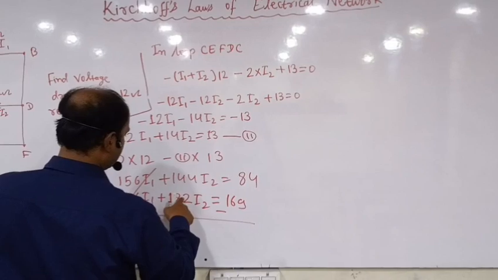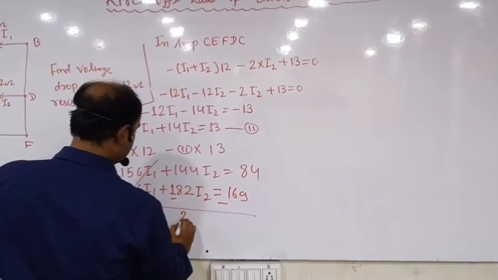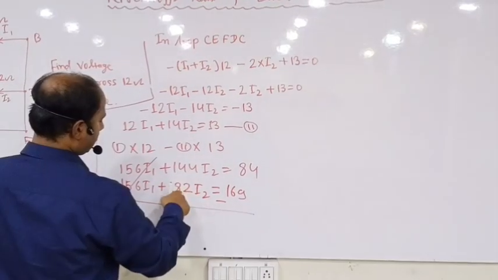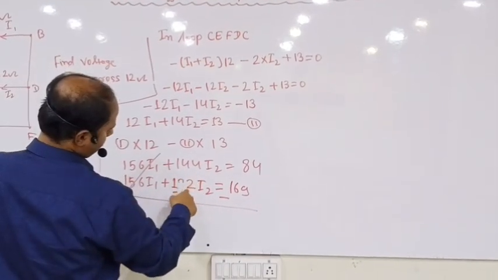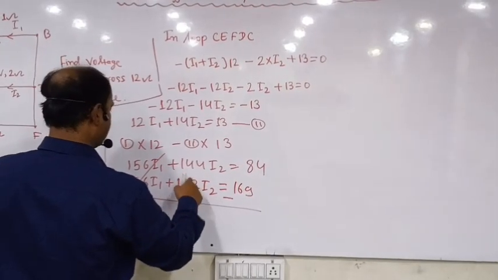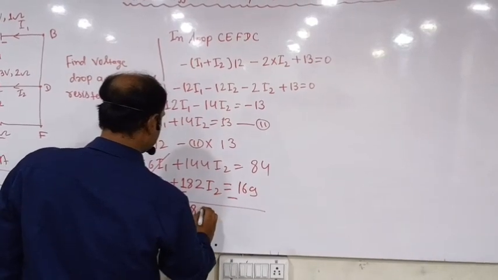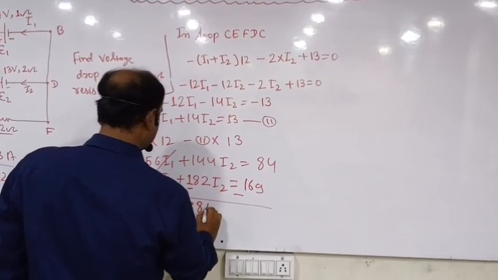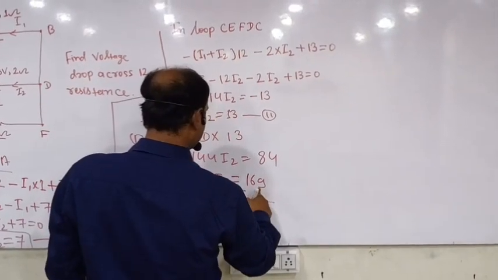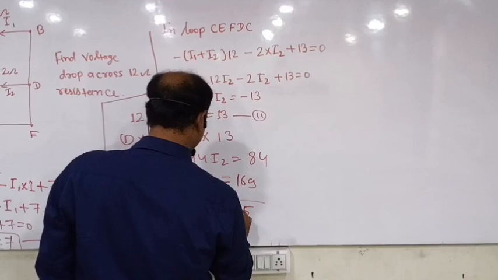Subtracting, 144 minus 182 gives minus 38 I2, equal to 84 minus 169, which is minus 85.